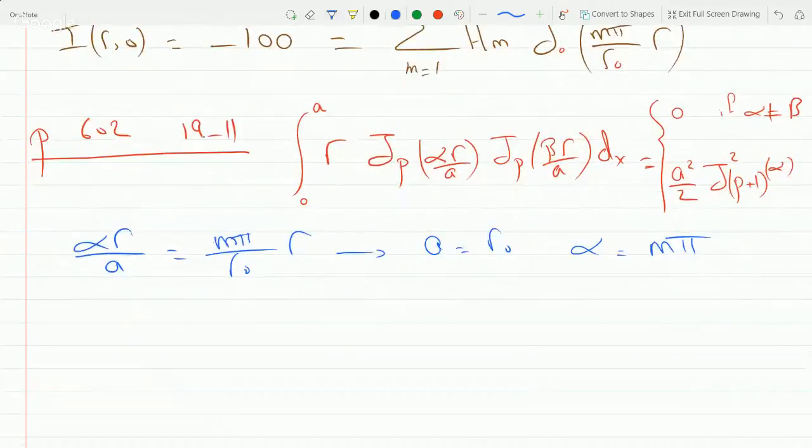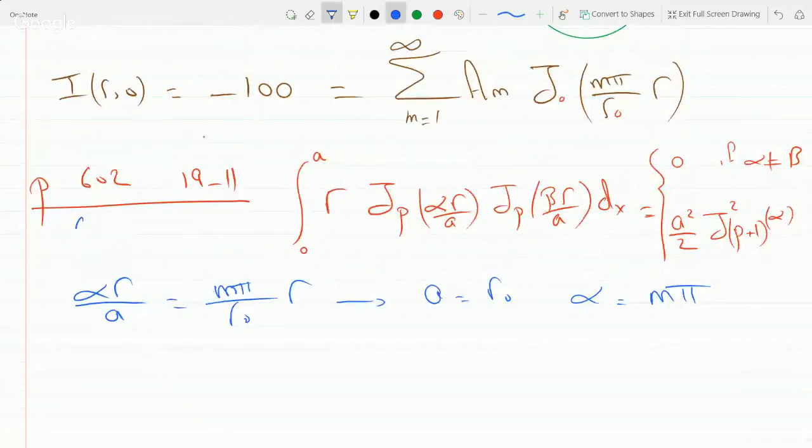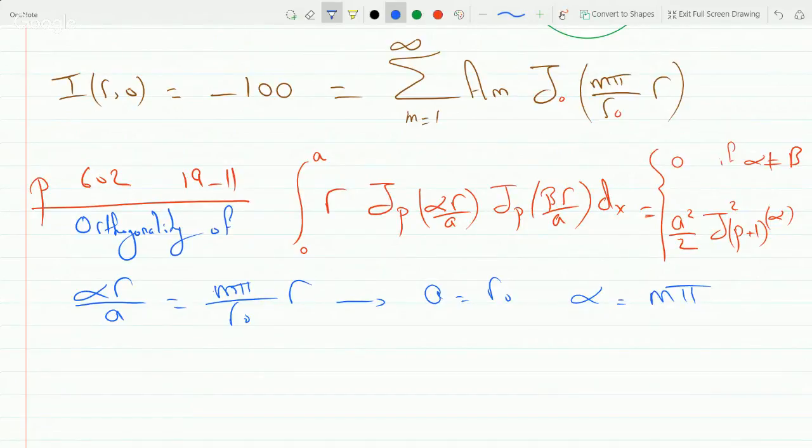And so this is the orthogonality of Bessel functions.